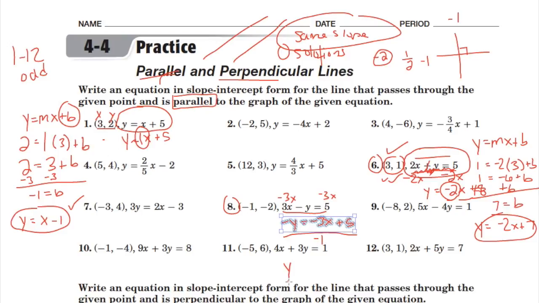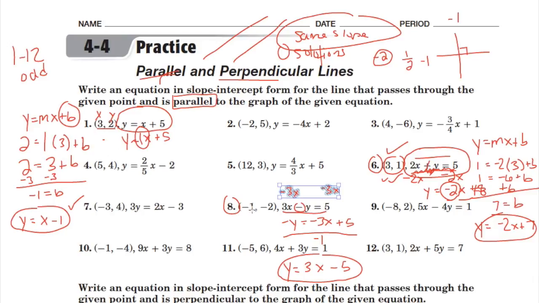So I get y equals -3 divided by -1 is a positive 3x, and then 5 divided by -1 is -5. So that was a little bit trickier because we had to change it into slope-intercept and we had to divide by -1 because of that negative coefficient of the y.